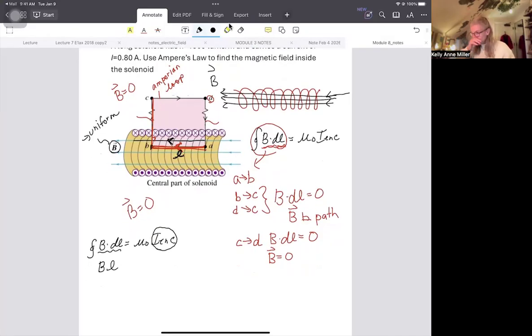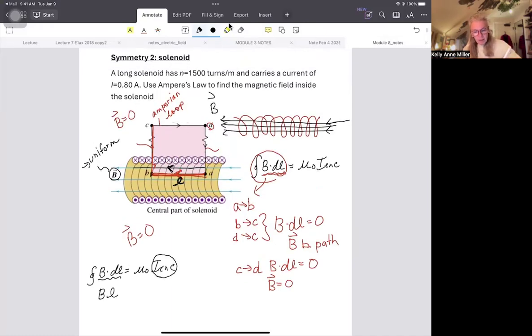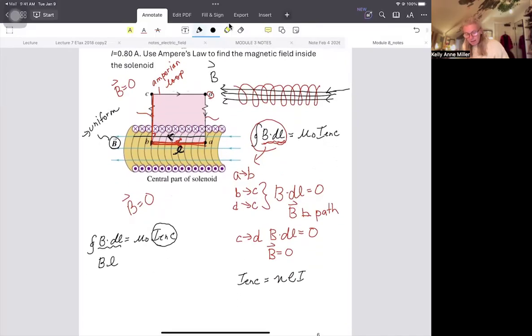So this is the only other tricky thing. We're given in the problem the number of turns per meter, so I enclosed is going to equal N times L times I.